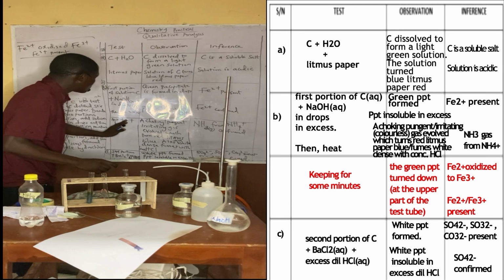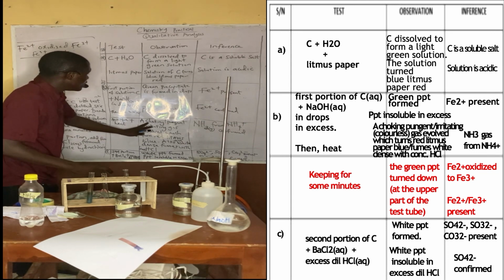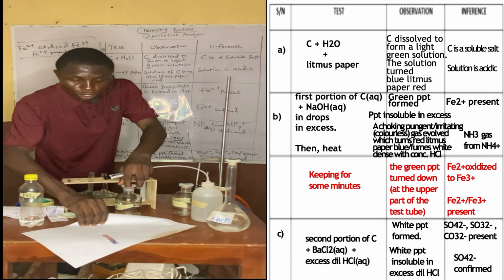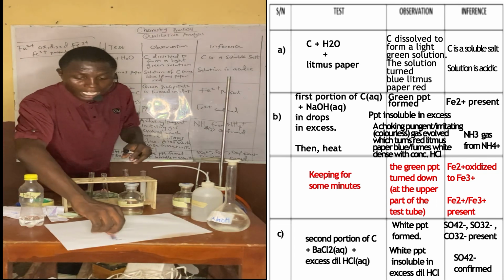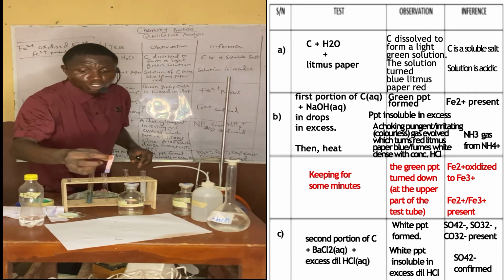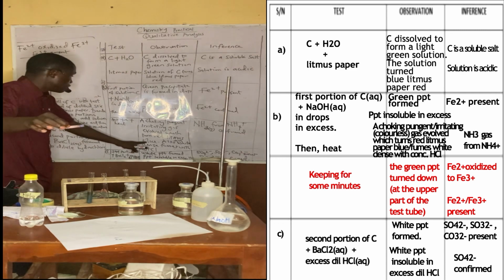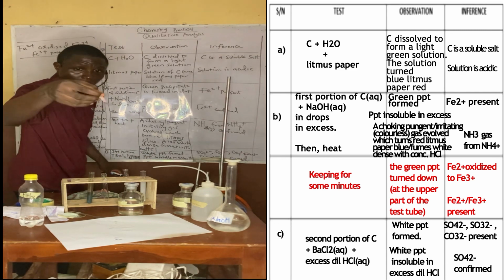Now, when you heat the mixture, a choking pungent gas is evolved, which turns red litmus paper blue, as you can see here.